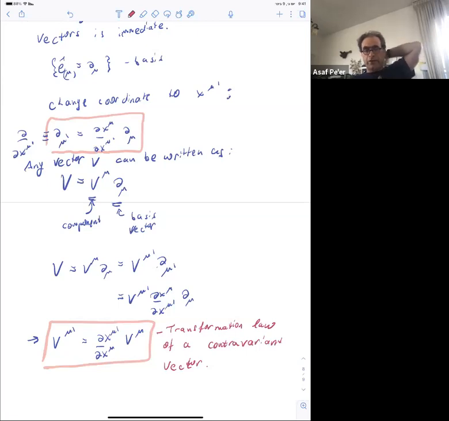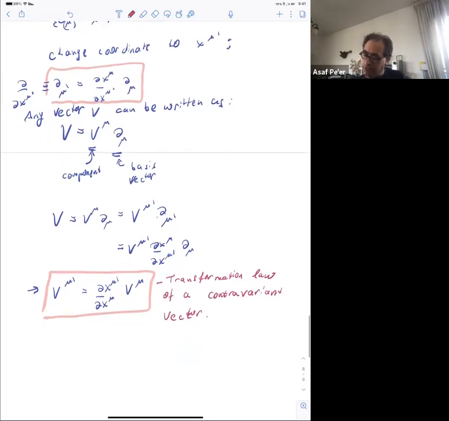This is really what defines contravariant vectors. Any object whose components transform according to this equation, when the coordinates change from x^μ to x^μ', is called a contravariant vector.